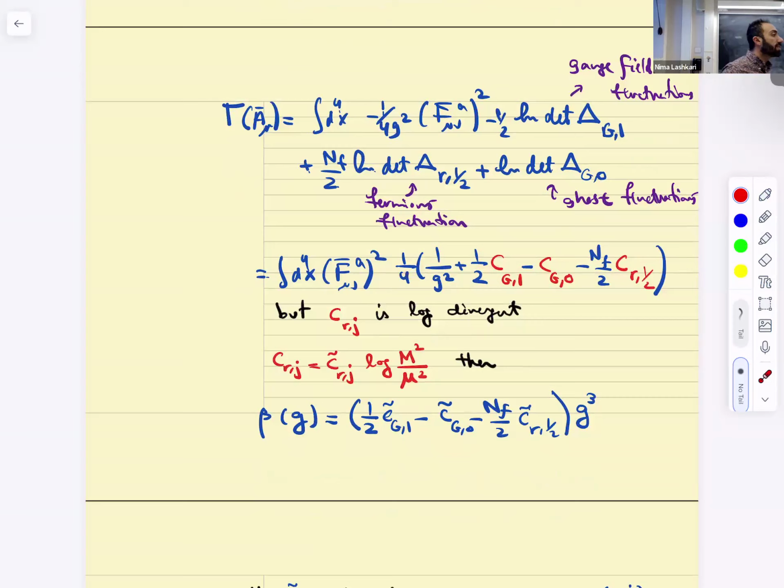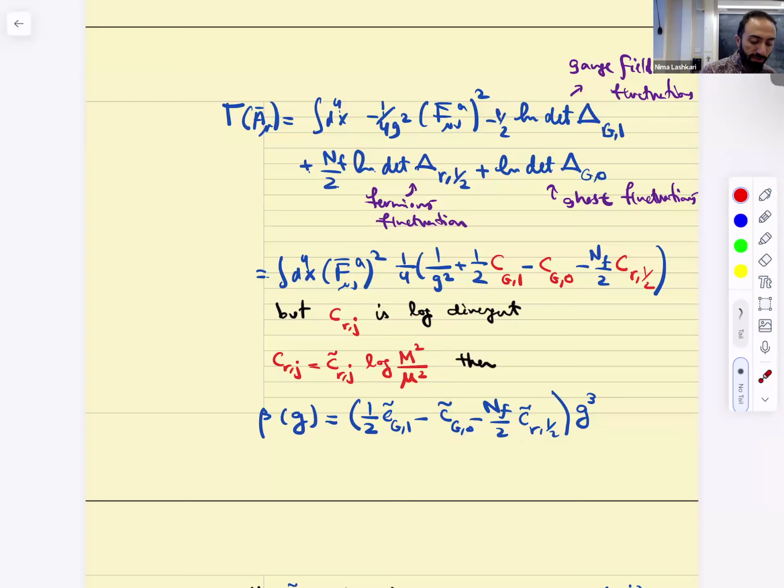The structure of the divergence is logarithmic, right? So we argued, using the Wilsonian approach to renormalization as integrating thin momentum shells, that if you take these coefficients and these functions and extract out the log piece of them, then the beta function is just half C tilde minus blah, blah, blah.